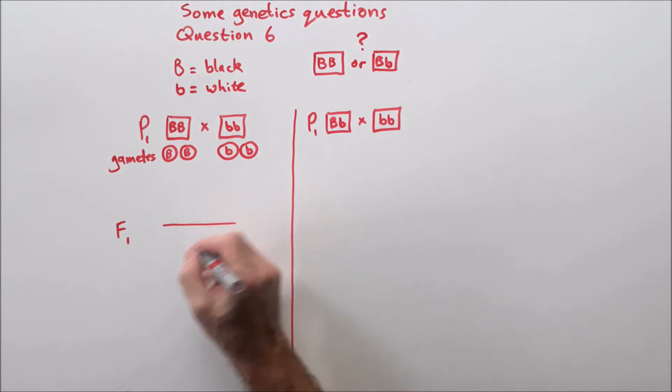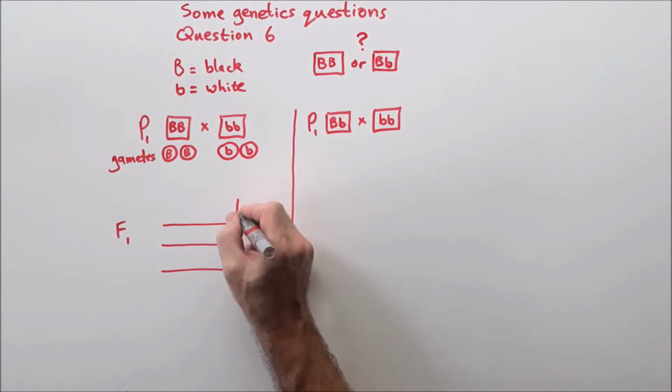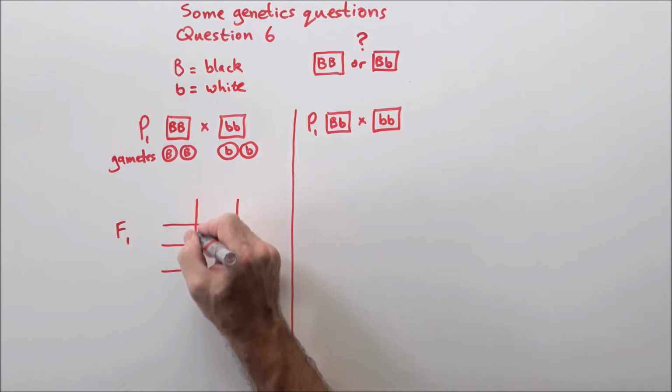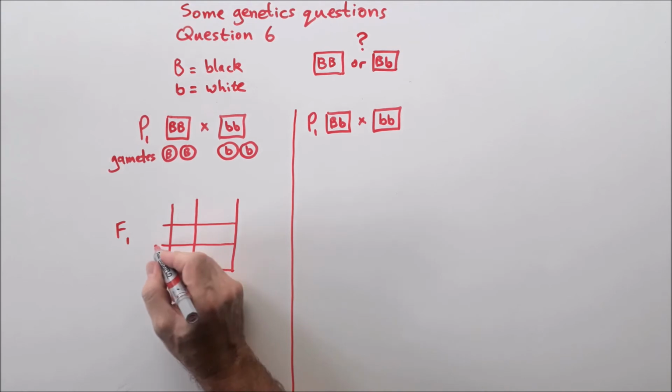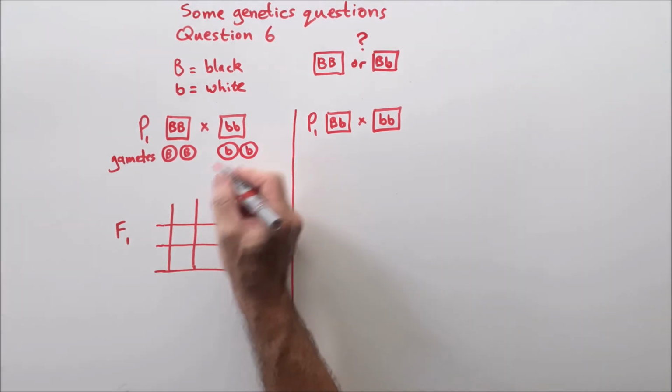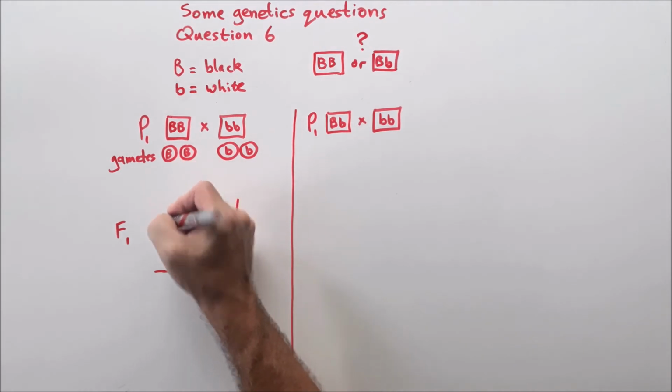Let's draw the F1 generation. I might be doing this a little bit too small, but let's see if I can squeeze it in like that. Okay, I'm trying to create a bit more space. Right, so we take those gametes and we put them over there, put them over there. We take those gametes and we put them over there.